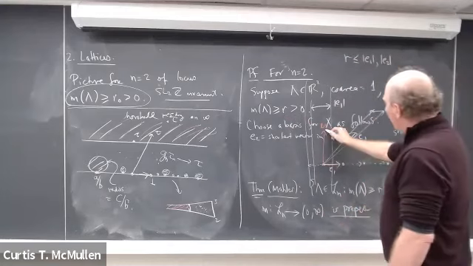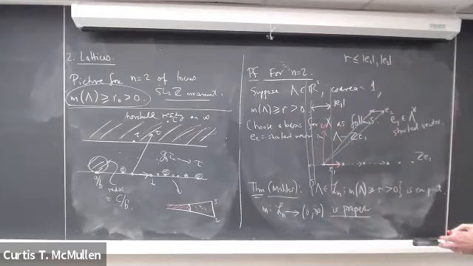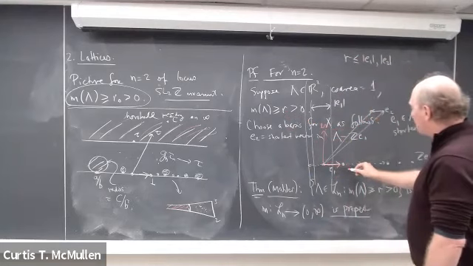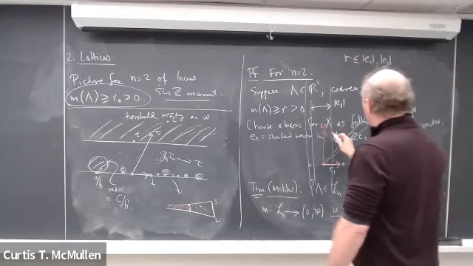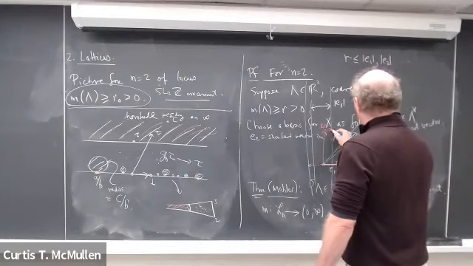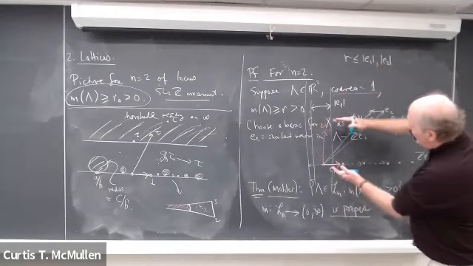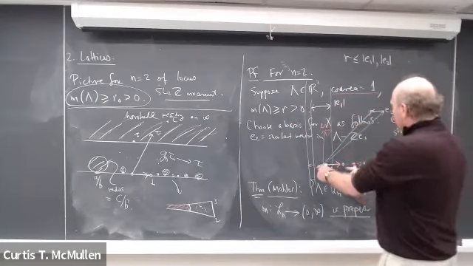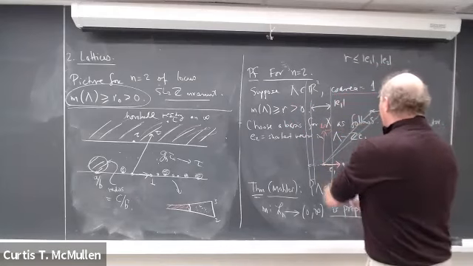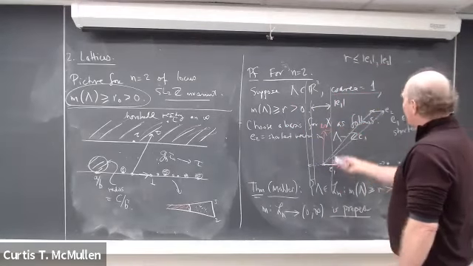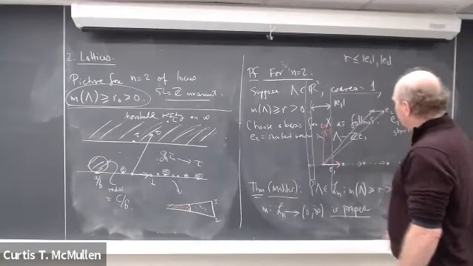But what can we say about the size of E2? Well, remember that the area of the lattice is equal to 1. The co-area is equal to 1. So the height of E2 times the length of E1 is equal to 1.